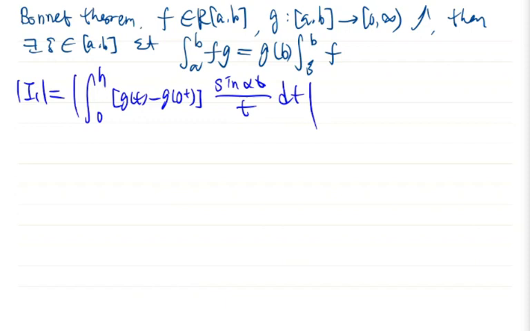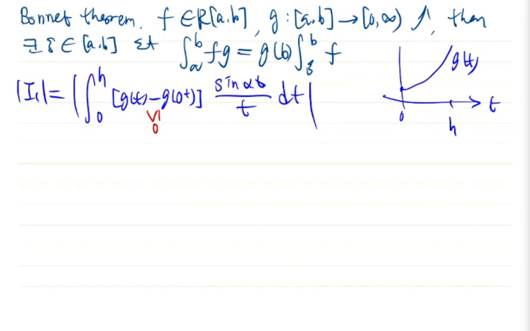This is I1. Because g is increasing, g(t) minus the limit of g at 0 is non-negative.